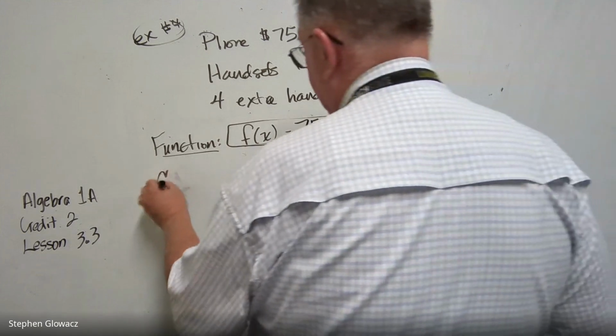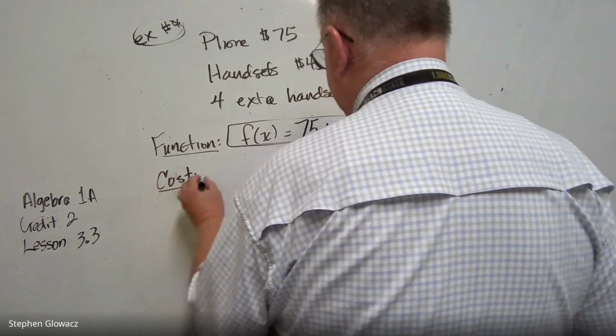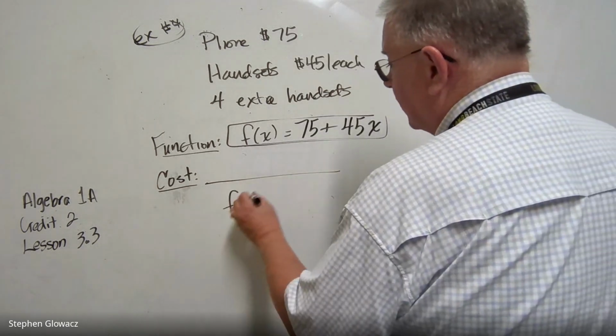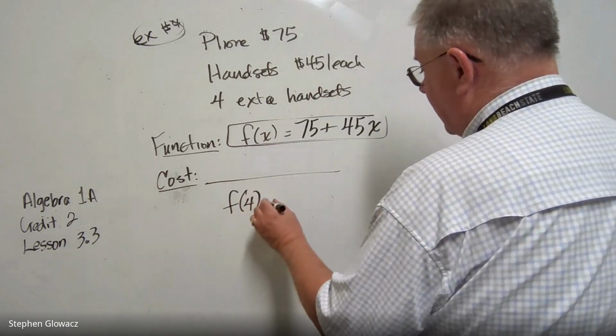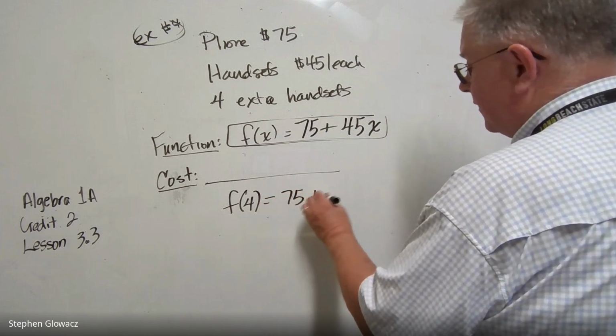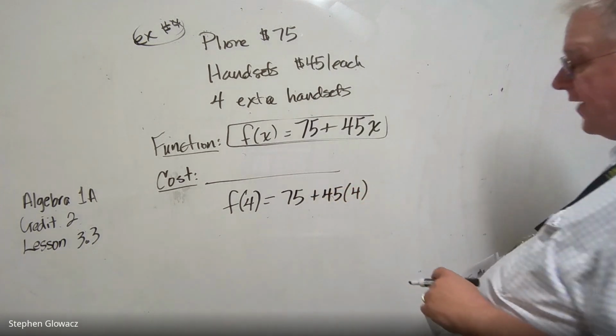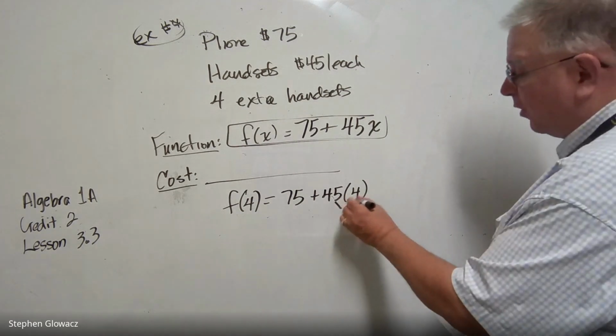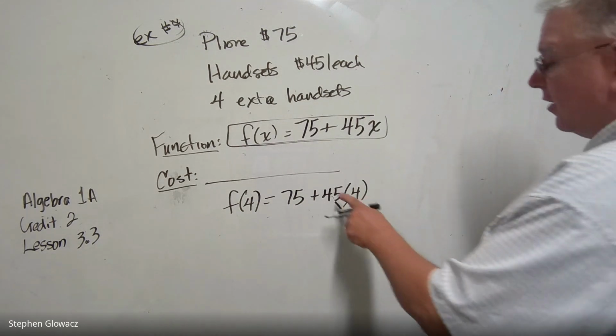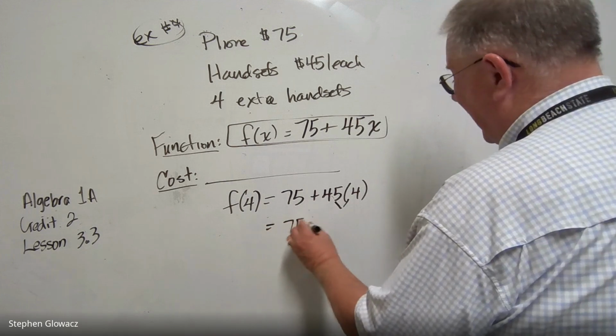Now to determine the cost for the phone and 4 extra handsets, we're going to evaluate this function for the x value of 4. So we have 75 plus 45 times 4. Again, we do our multiplication first. 45 times 4 is 180.